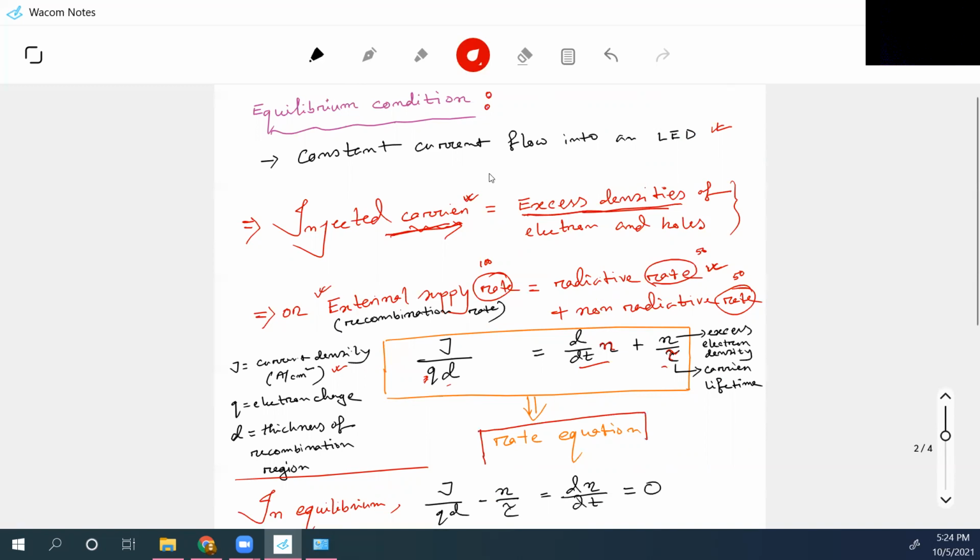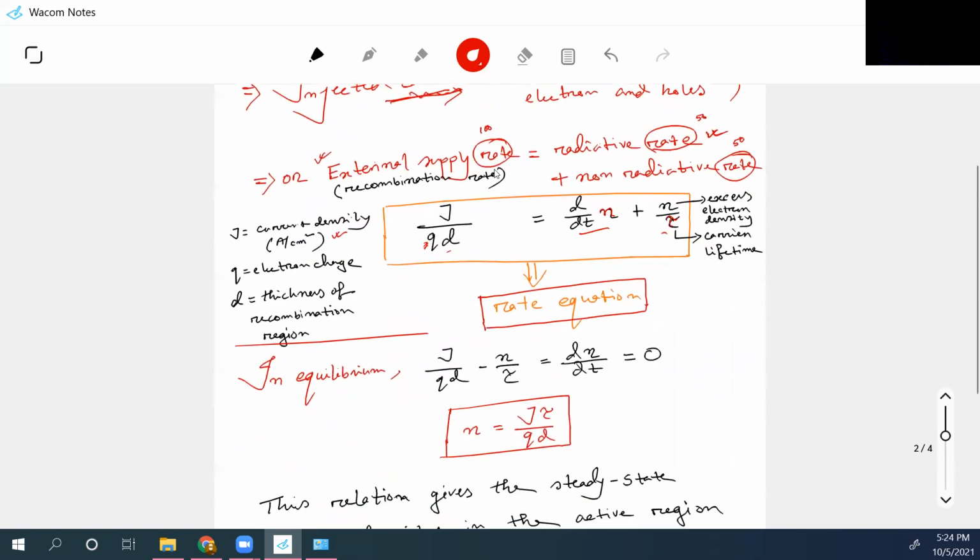This is the fundamental equation by which we quantify an LED or laser. A laser also has a rate equation; for an LED, the rate equation is quite simple. In equilibrium, this has to be zero, meaning the supply and recombination terms have to be equal.